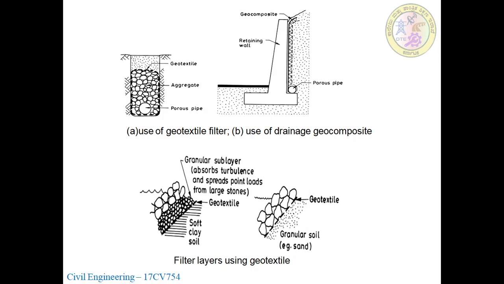That will be used for the drainage system. Granular sublayer, so filter layers using geotextile. Between the stone pitching and the soil mass, they provide the geotextile. When the load is applied, the stone will not pass, merge or embed in the soil. This will be the soft soil, and we provide the geotextile.